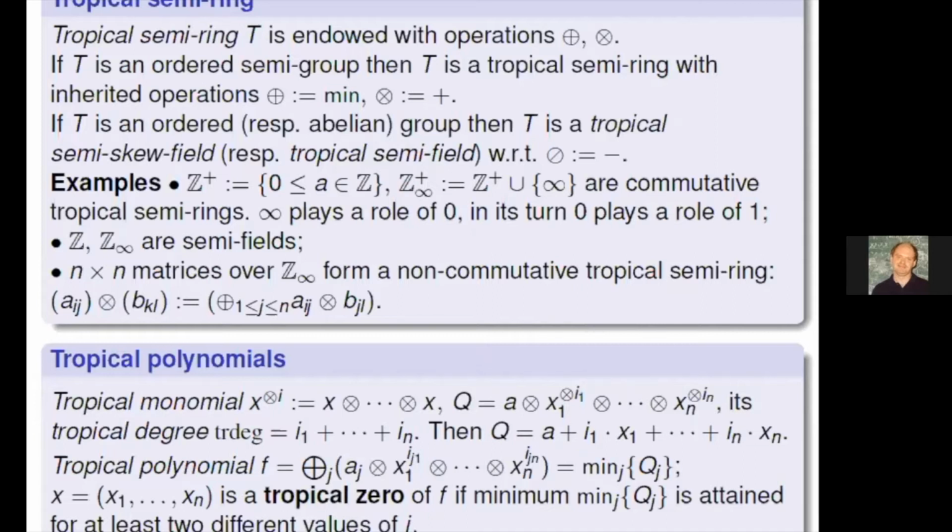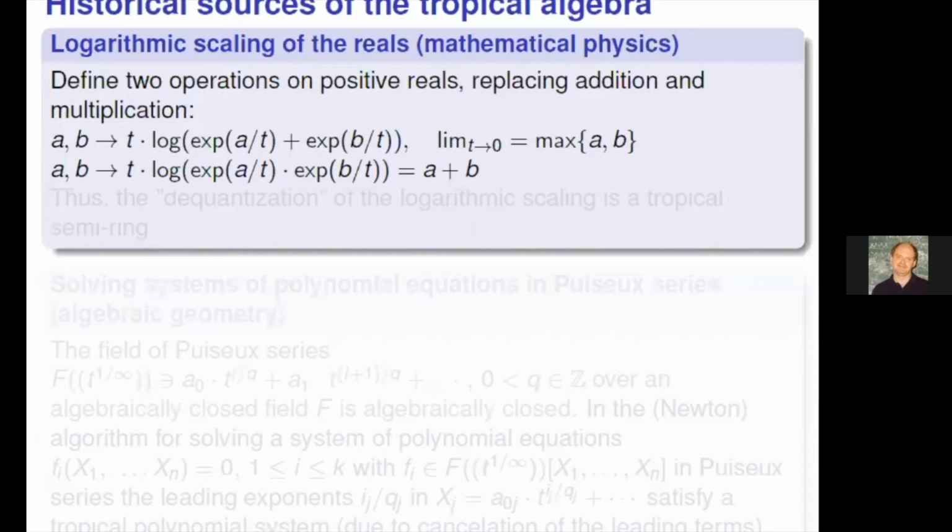Okay, and now, because I'm not sure that many people are familiar with tropical mathematics, I will very briefly give a historical overview of the sources, because tropical mathematics has appeared in many directions, and this is in some sense a sign of fundamental science when something appears from different sides. One side was mathematical physics.